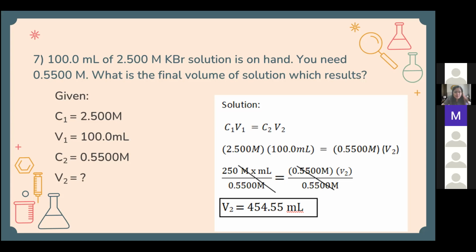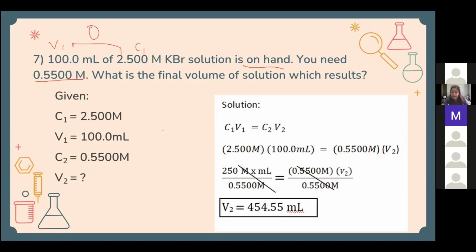So very good. This one is again a dilution problem. So you have here the stock on hand, meaning this is the original solution. So this is C1 and this is V1. And you need to make another solution with a lowered concentration, from 2.5 to 0.55. So what are you going to do? How much volume do you need? So C1V1 equals C2V2 still. 2.5 times 100 is 250 divided by 0.55.